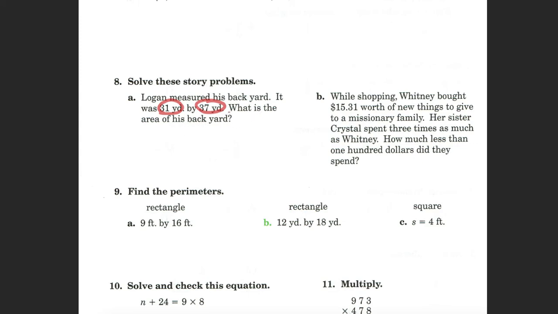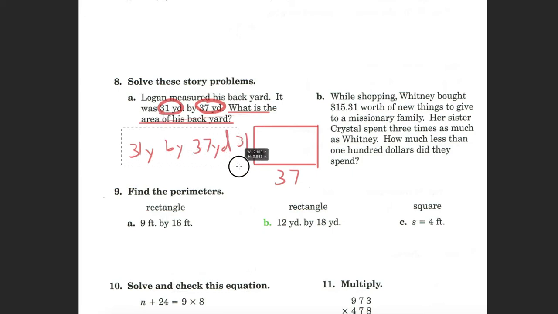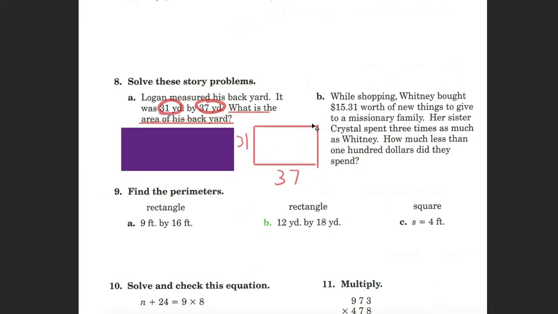So underline the question, circle the numbers. I've got 31 yards by 37 yards, and it's asking what's the area of his backyard. So his backyard looks something like this, right? 37 by 31. We know that the formula for the area of a rectangle equals length times width, correct?